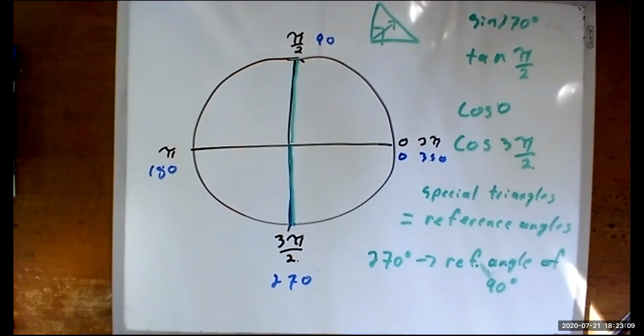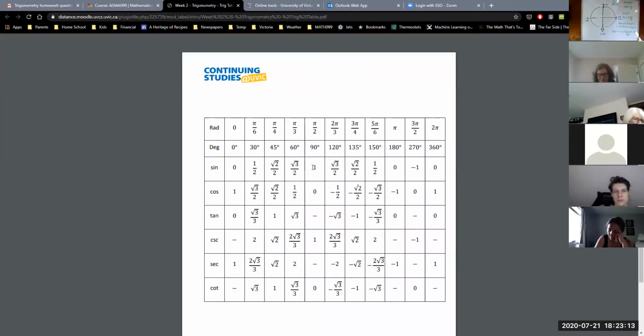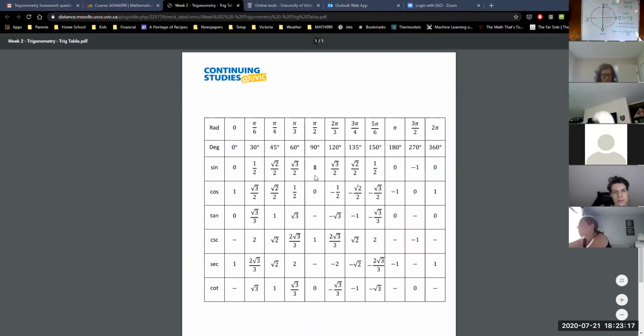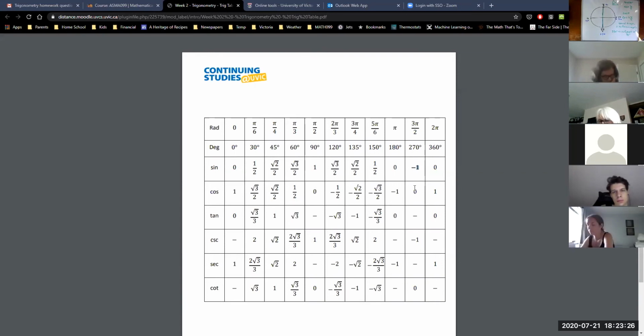So I'm going to refer you back, excuse me, but I just need to switch screens. I'm going to refer you back to that supplementary sheet that I was sharing with you guys when we were doing trigonometry. And we have special things that happen here at 90 degrees. So you can see for the sine of 90 degrees, it's going to be 1.